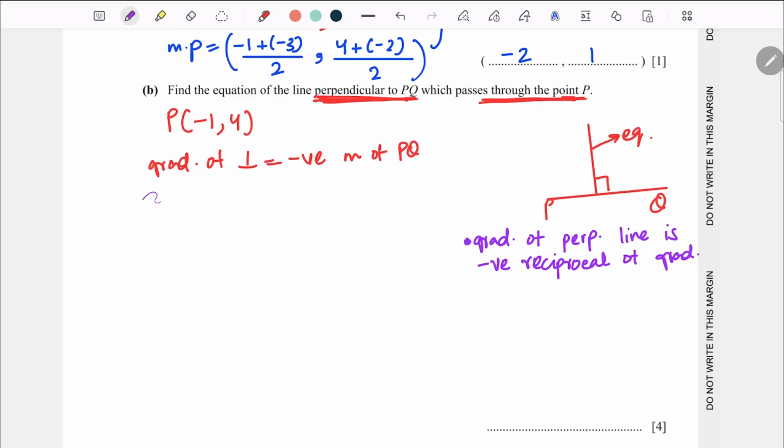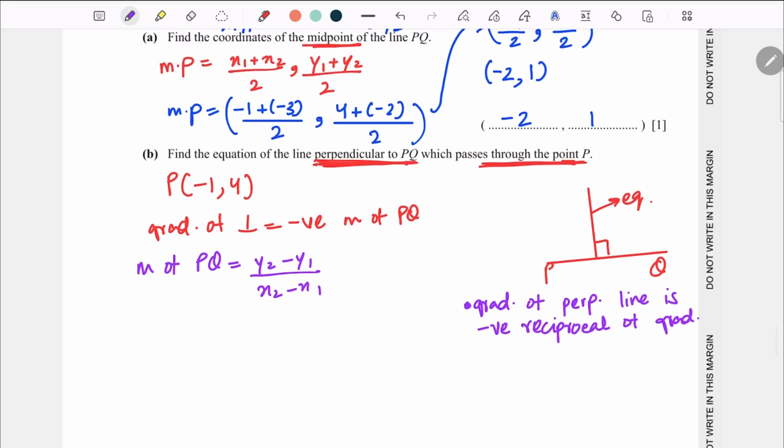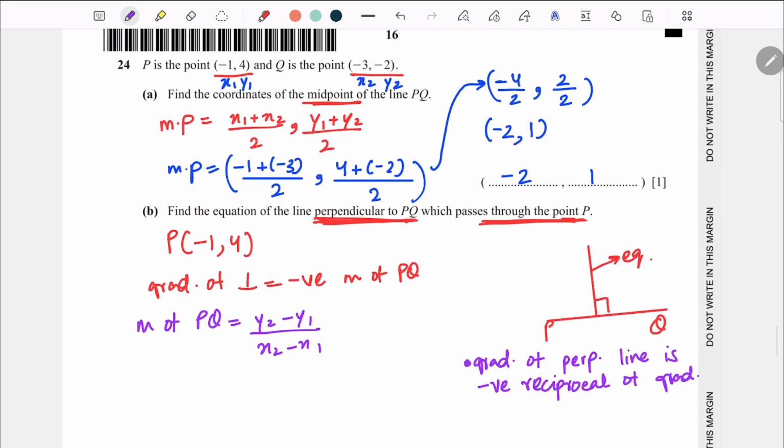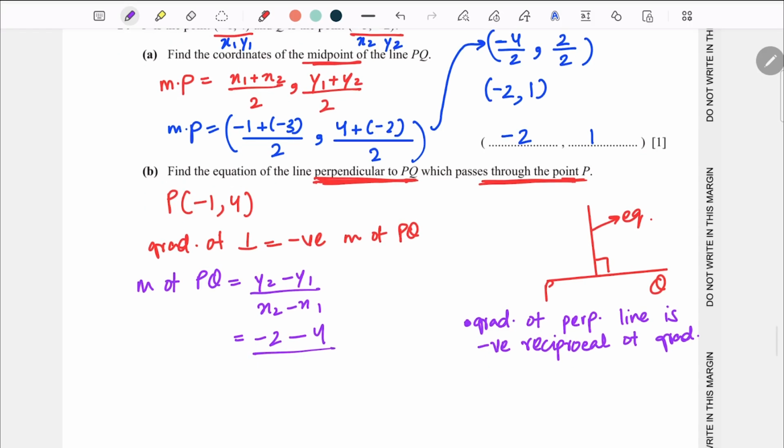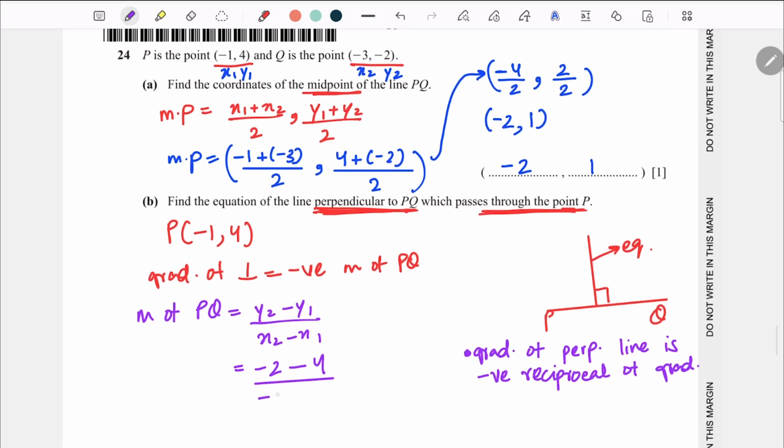First I'm going to find the gradient of PQ, and for this I'm going to use the formula y2 minus y1 over x2 minus x1. y2 was -2 and y1 was 4. Then x2 was -3 and x1 is -1.